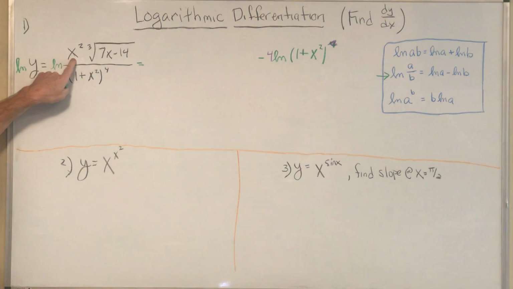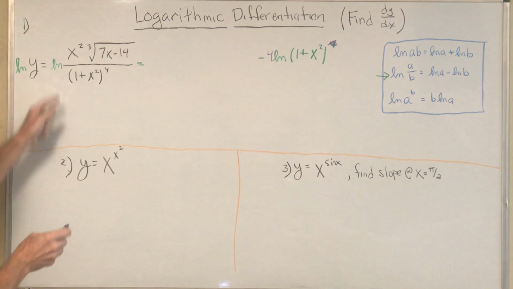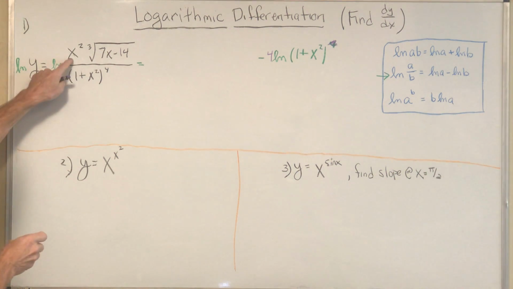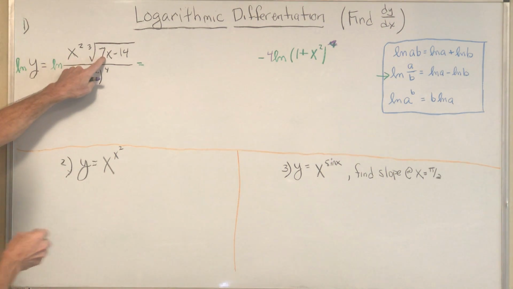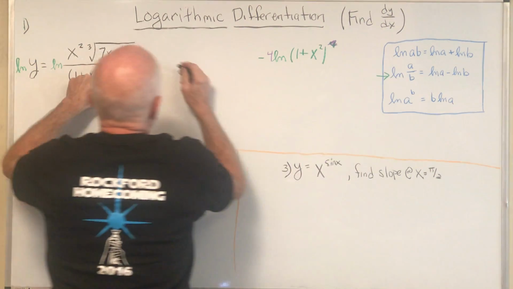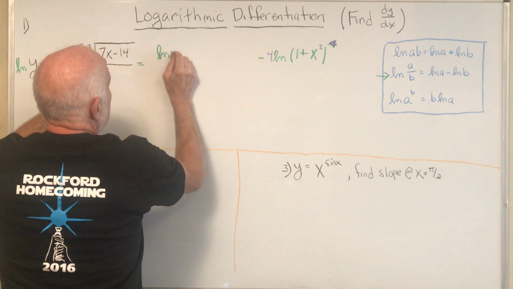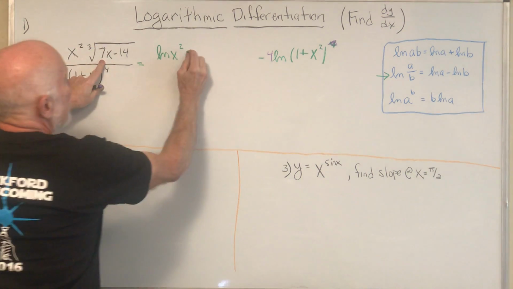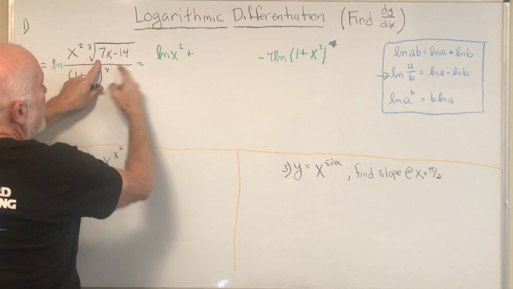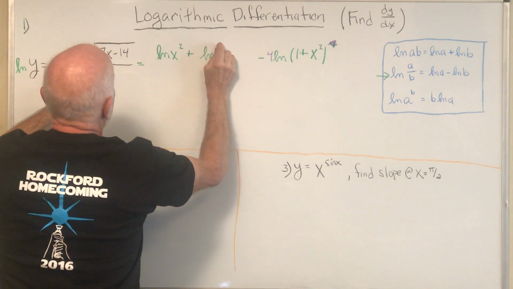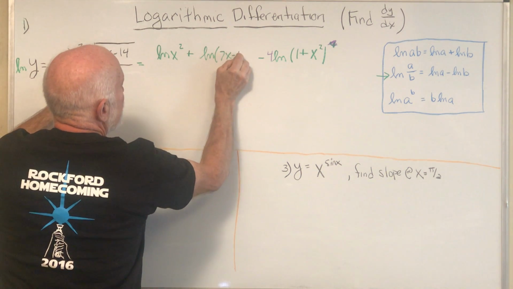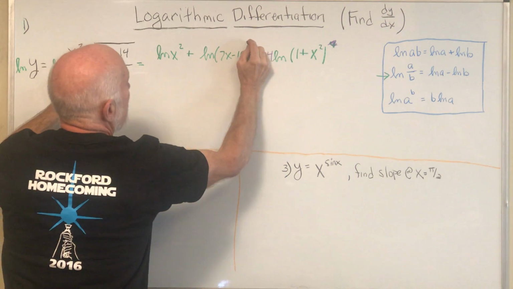Now, for the numerator, we have the natural log of x squared times this. We can use this property and say it's the natural log of x squared plus the natural log of 7x minus 14 to the 1/3.